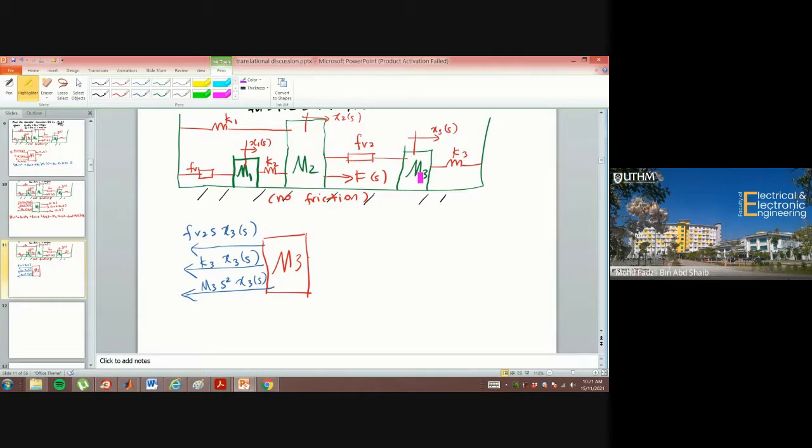Okay, now it's connected with which mass? This is M3 and M2, right? So different direction here, which is FV2, wait, FV1, FV2. Okay, FV2 s S2(s), FV2.